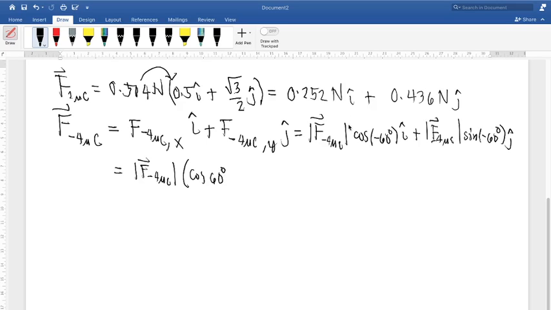Okay, so equal naman siya based on this trigonometric nga identity. So cosine of negative theta is cosine theta, since this is an even function. Then sine of negative theta, mao ni siyang odd function, so we have the negative sine of theta. Okay, so cosine 60 degrees i hat plus, so erase ni siya, ako lang siya erase.